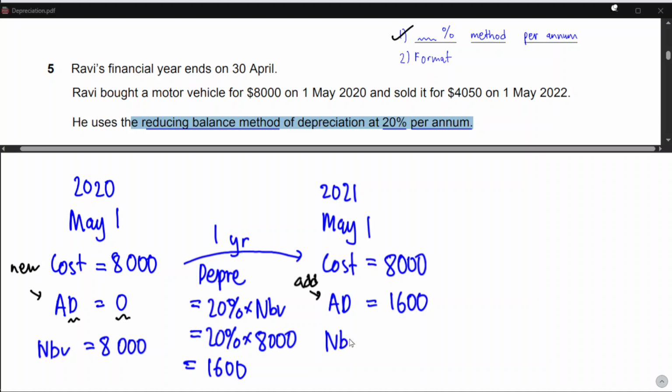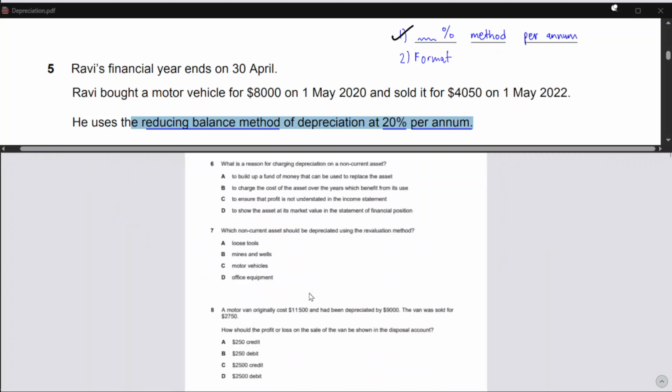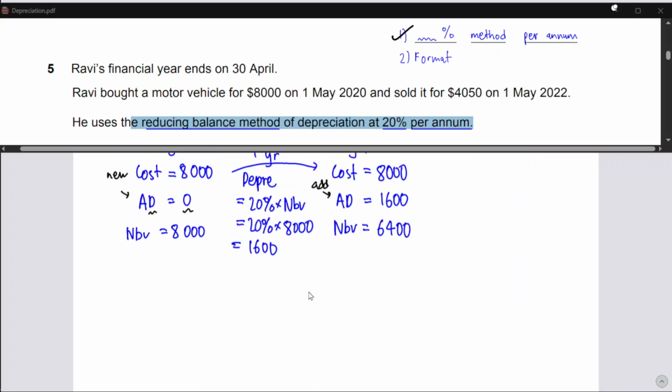Then the net book value will be cost minus AD.